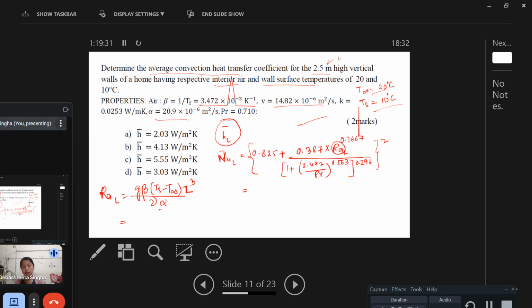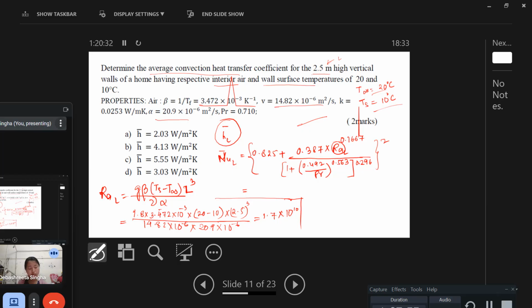Okay, so if we substitute all the values in this Rayleigh number, we get the Rayleigh number as 1.7 into 10 to the power 10.